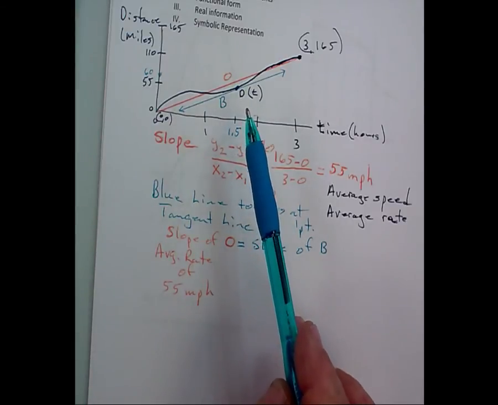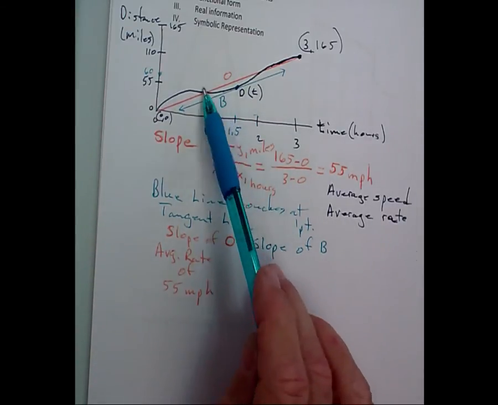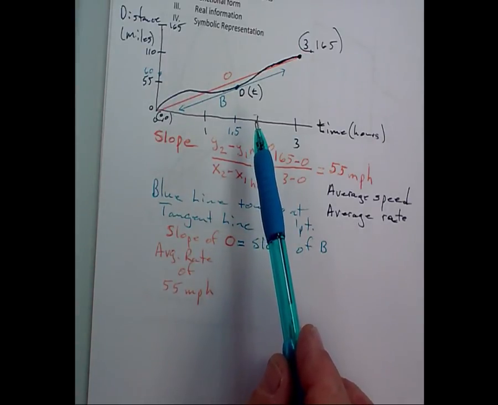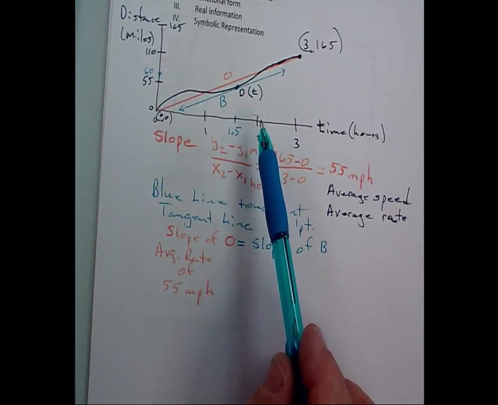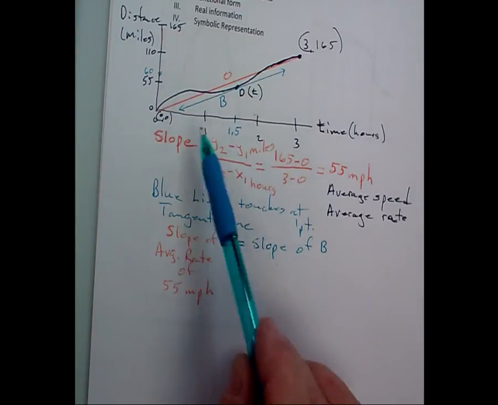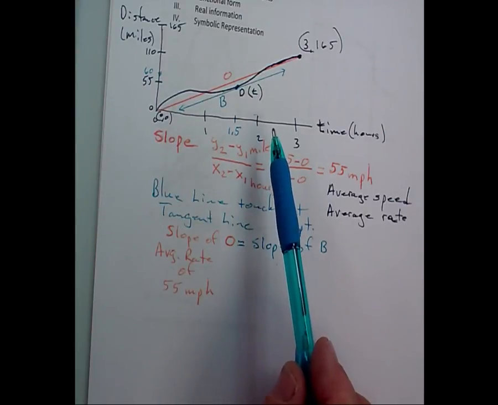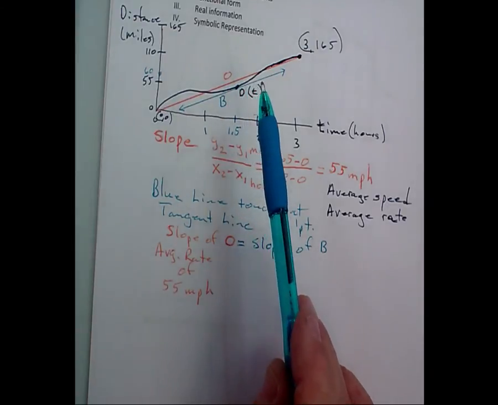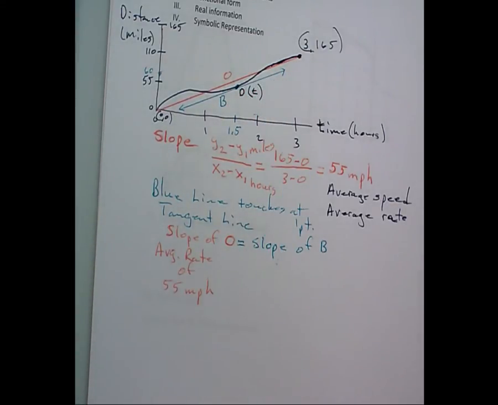So it's like, well, it looks parallel. It looks like 55 miles per hour because they're parallel, right? They have to have the same slope. And the people that told you that weren't lying to you. So it has to be 55 miles per hour, but it's not an average rate. It's a different kind of rate.